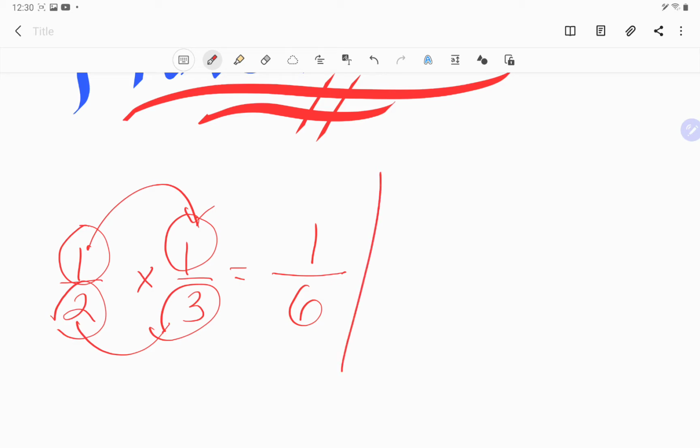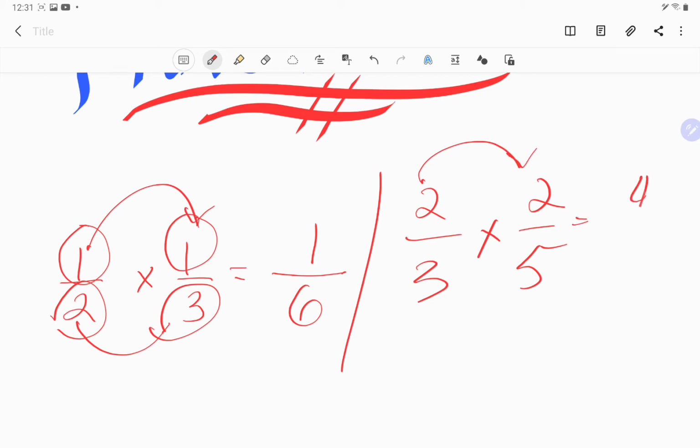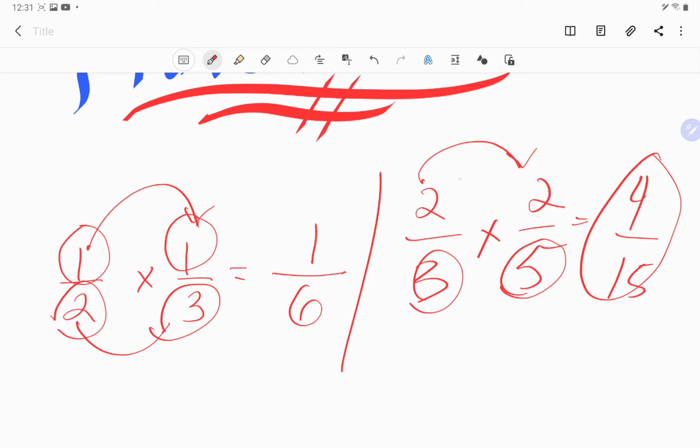Another example, let's say 2/3 times, let's say 2/5. Okay? So, 2 times 2 is equal to 4 over 3 times 5 is equal to 15. So, ito yung sagot ng 2/3 times 2/5 natin.